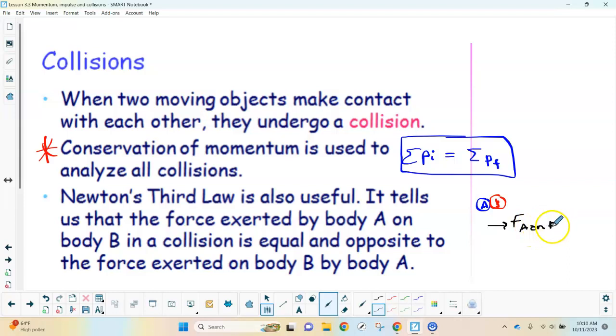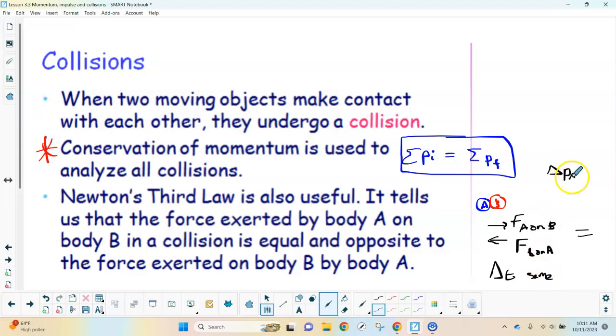The reaction to that would be the same equal and opposite force of B on A. So again, those have to be equal. And because they're equal forces and the time is the same, there is an equal change in momentum.